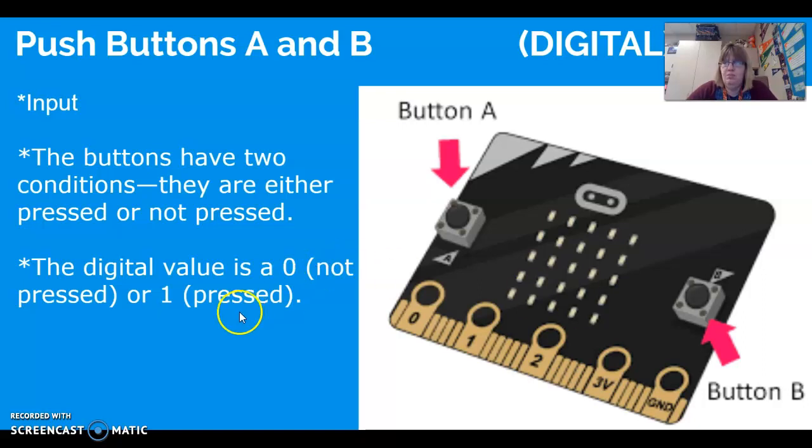With the push buttons, we can either push the button or not push the button. That makes it a digital input. There are 2 conditions: they're either pressed or not being pressed. The digital value is where we say 0 means it's not pressed and 1 means it is pressed.